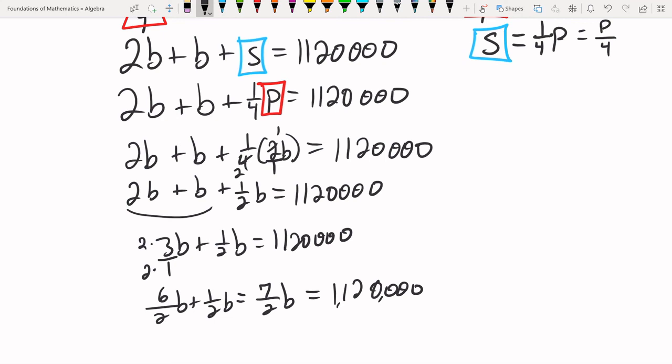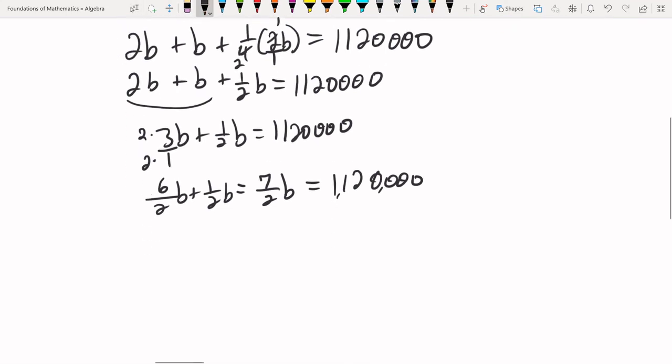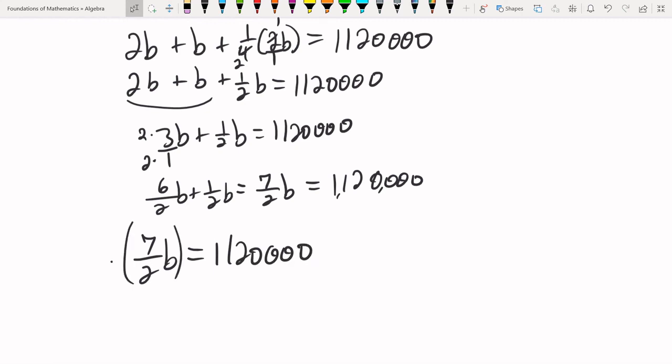Now to solve for this, I've written this a little weird, so I'm going to rewrite it down here to make it a bit clearer to see. All I have to do is get rid of the 7 halves. I'm going to multiply by 2 first to get rid of the denominator. That gives me 7B equals 7,840,000.